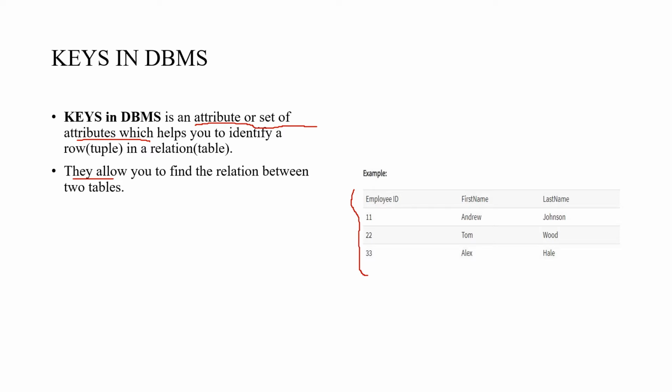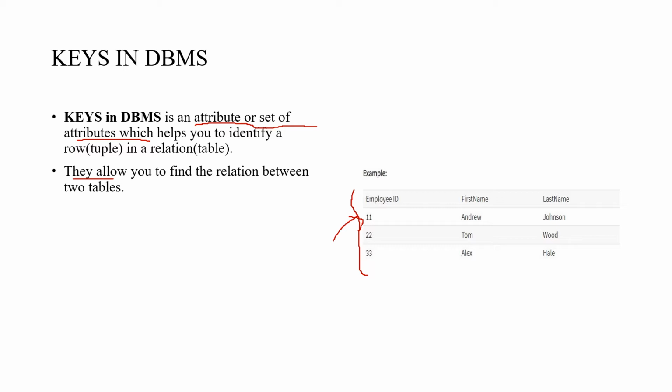So when we have to find Andrew's record from the database or from the table, we have to use the ID number 11 because it is a unique value. The name is not a unique value because there is another person who also has the name Andrew, Tom, Alex.